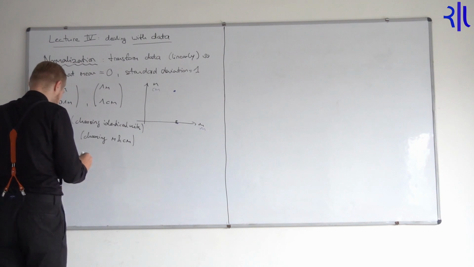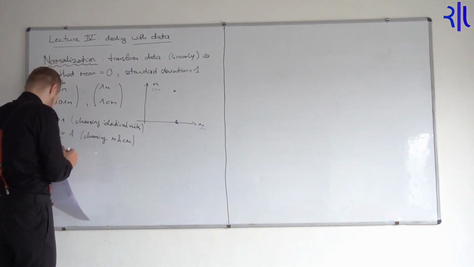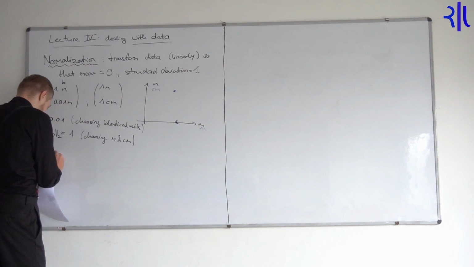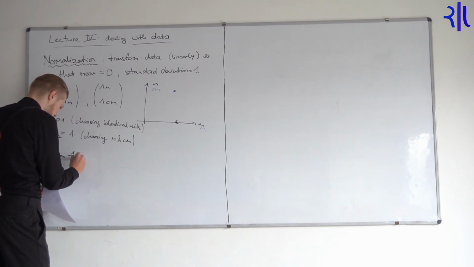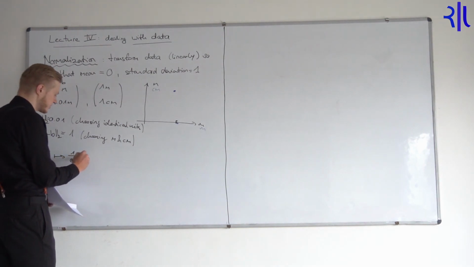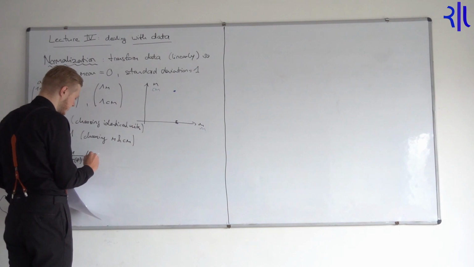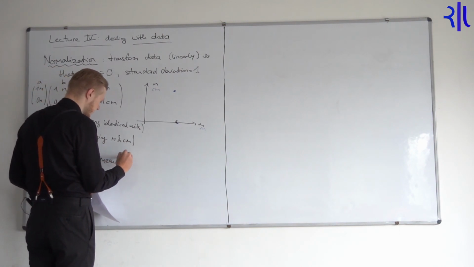And how do you transform the data? Basically, all you have to do is when you have a numerical feature, you map that to 1 over the standard deviation of your feature times the feature minus the mean of the feature.